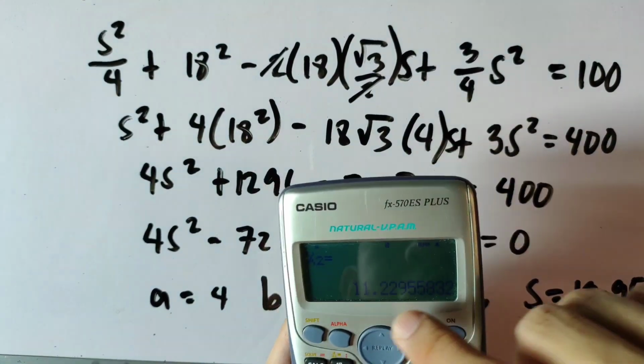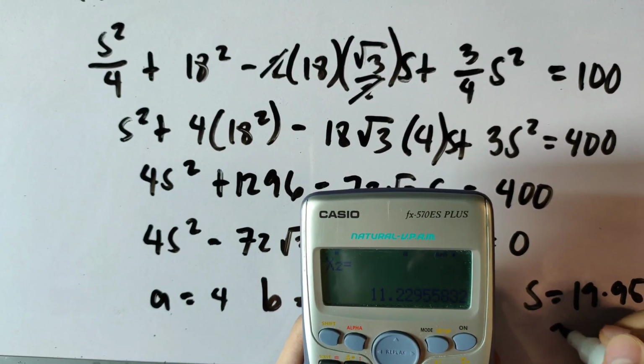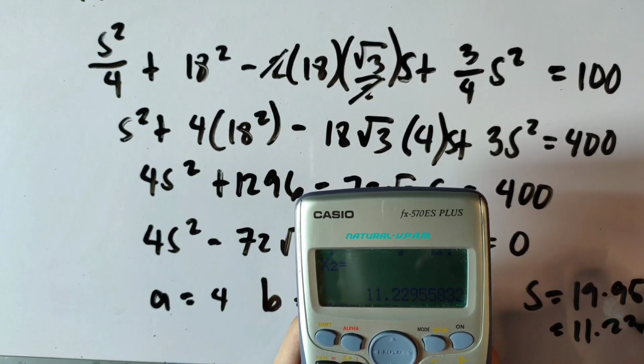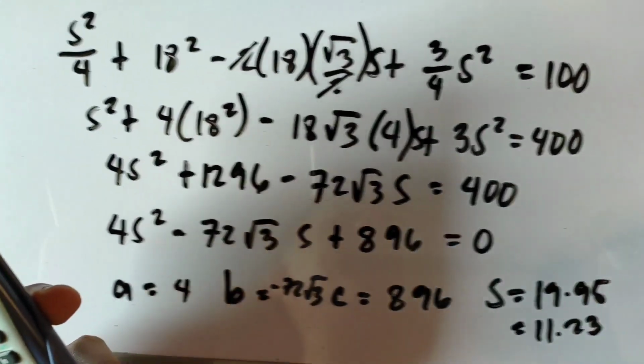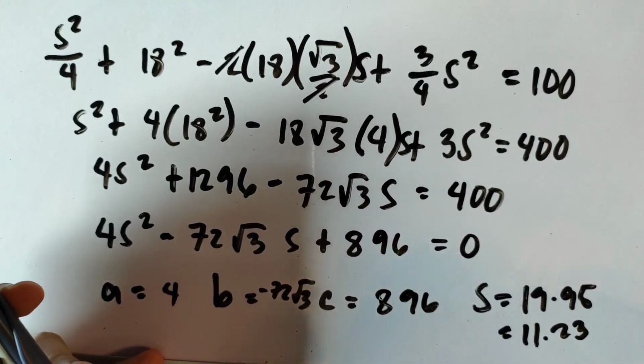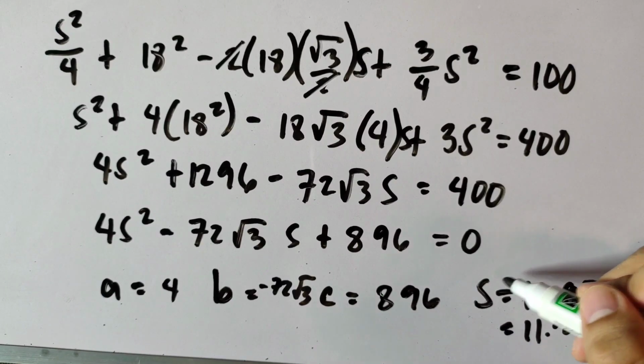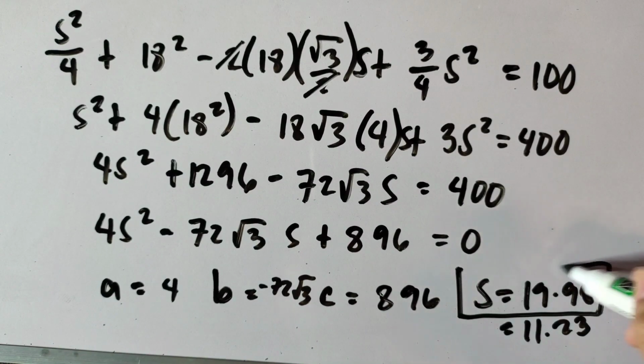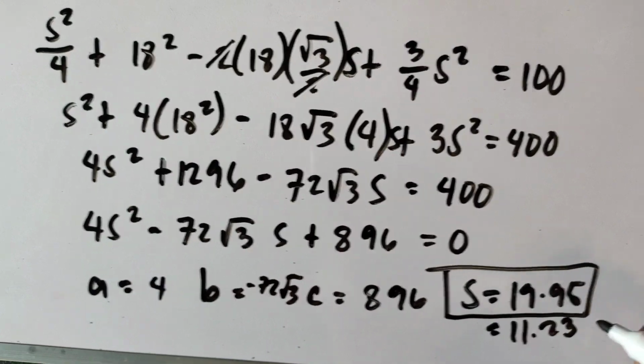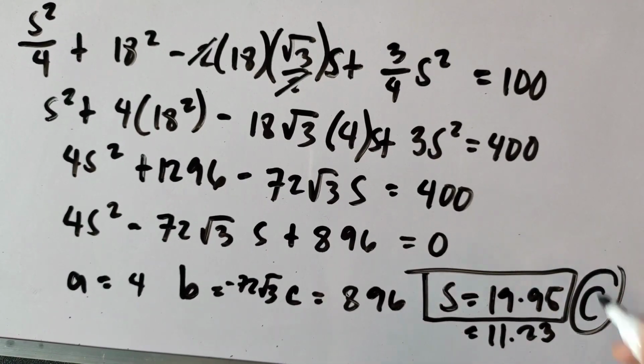Tapos meron pang isa, 11.23. So, dalawang possible values ng s natin. Pero ang nasa choices ay yung 19.95. So, ito yung pipiliin natin na sagot. At based sa choices, letter C ito.